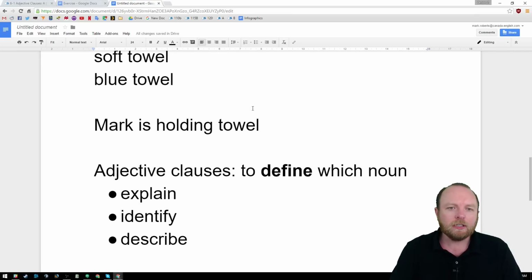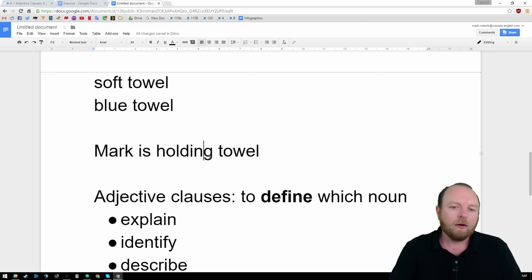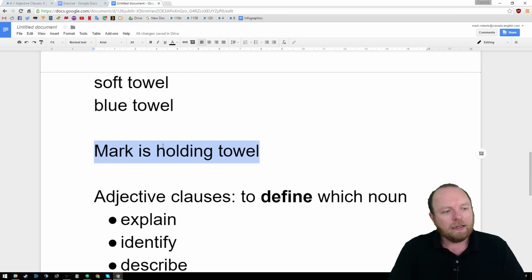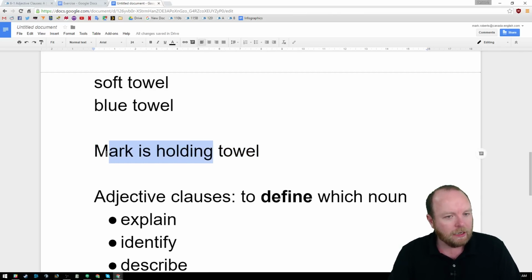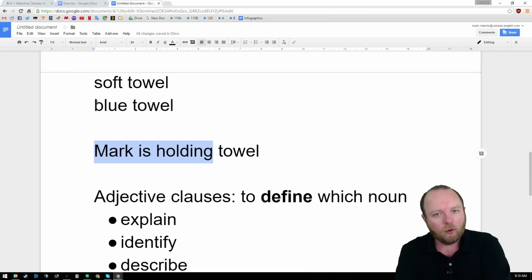So maybe Alejandra is talking about this one. Okay, I don't know if you guys understood, but this is bad English, okay? But Alejandra wants to know, well, why is this an adjective clause? There's no adjective. You're right, Alejandra. Okay, look, here we have an adjective. Here we have an adjective. But here we don't have an adjective, but we have a clause. And this clause is describing towel.